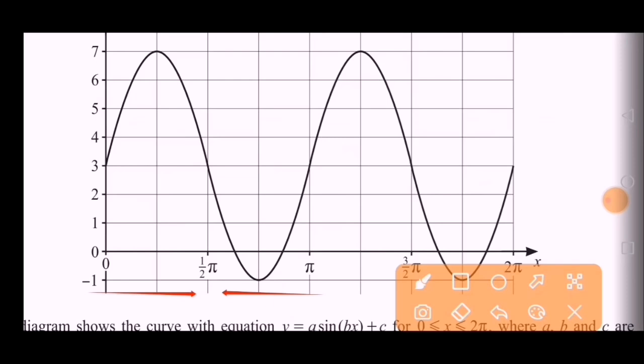When our graph gets to its first peak, which is there, the value of x here is pi over 4. It's pi over 4 instead of pi over 2.